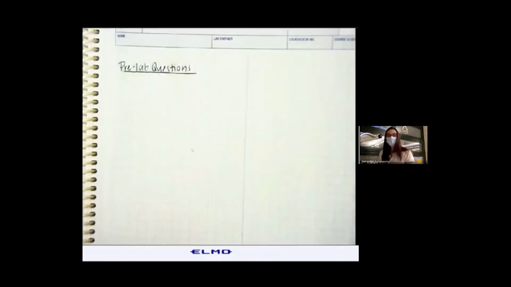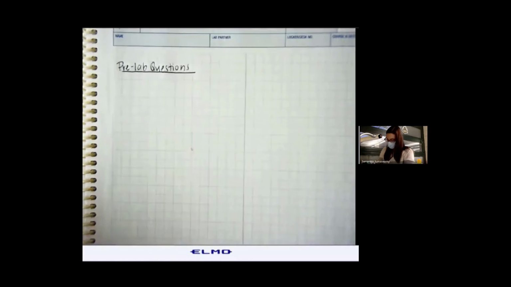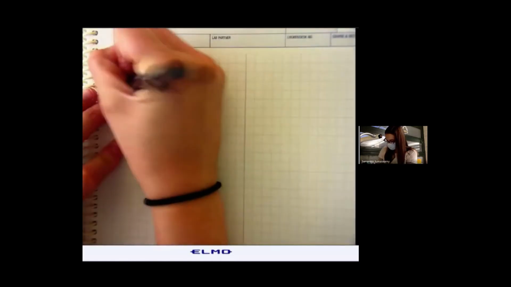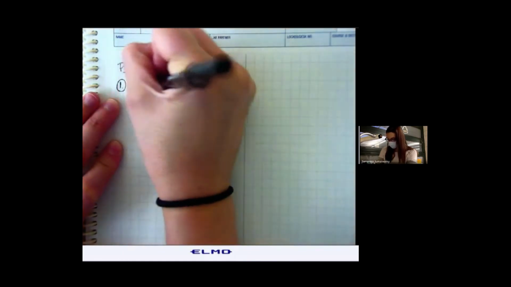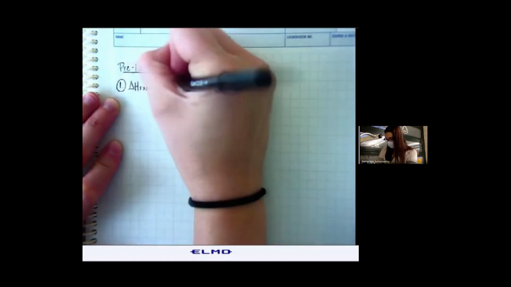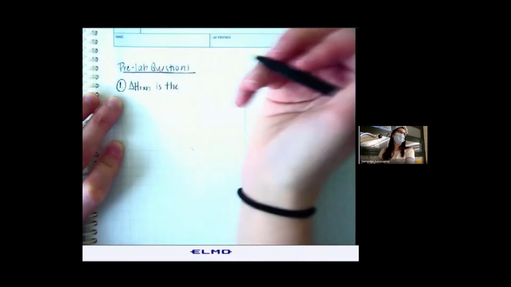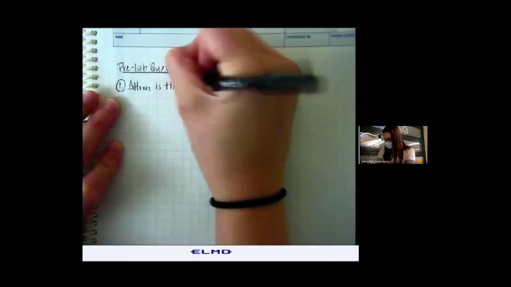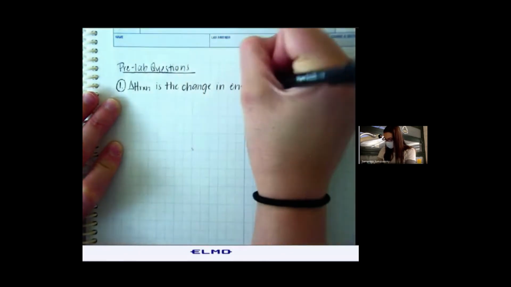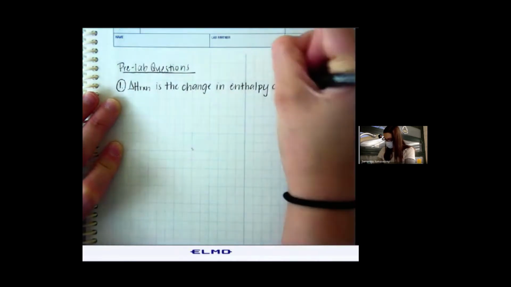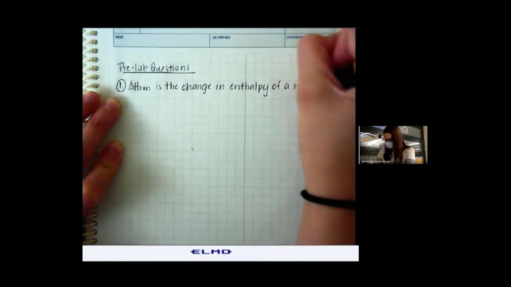So delta H of reaction is the enthalpy. So we'll go ahead and we will just answer number 1. So remember, for pre-lab questions, you don't have to write the question out. You're just answering it. So number 1, delta H reaction. So delta, it means change in. So we'll say it's the change in enthalpy of a reaction.